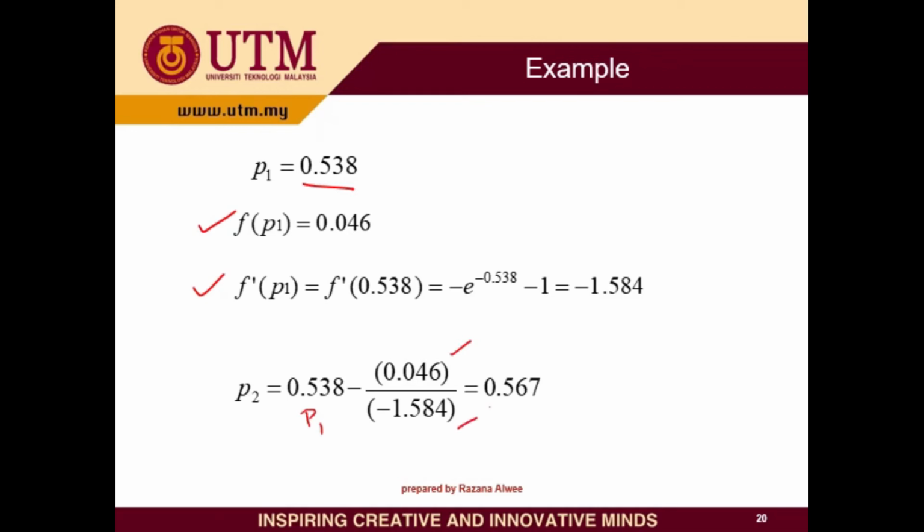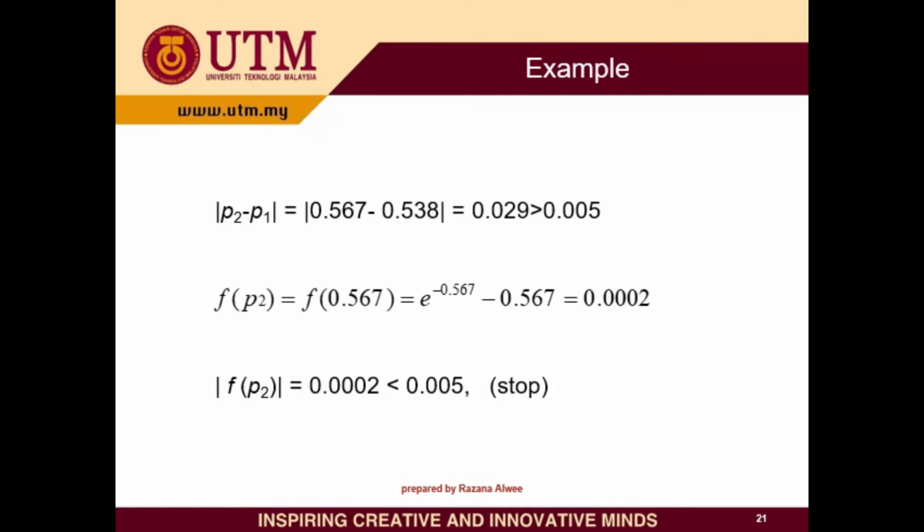So you can get your answer for p2. Again, check for p2 minus p1 here, whether it is more or less. So it is more. Continue with the f(p2); we check whether it is less or more. So we get the answer 0.0002, which is less than 0.005. So we can stop the calculation here.